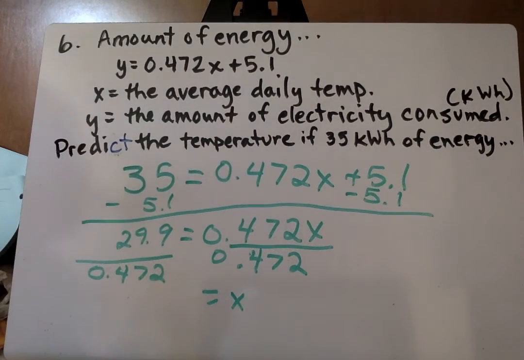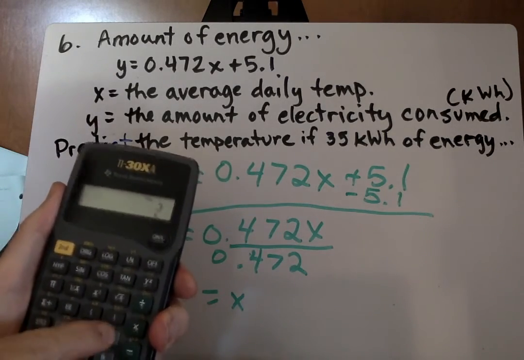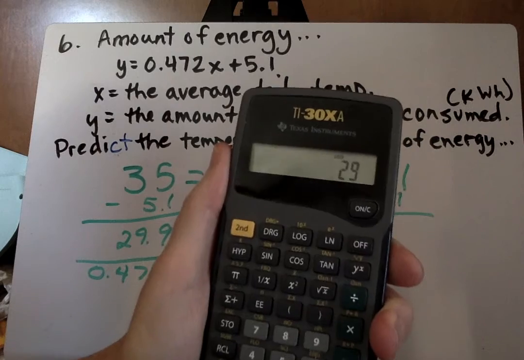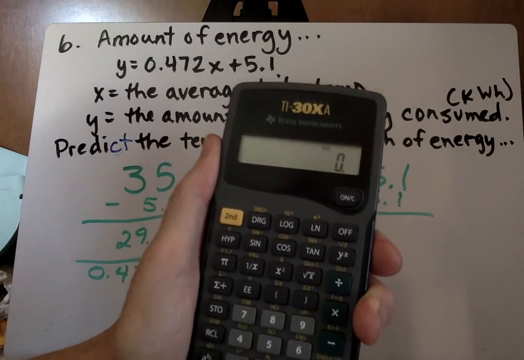And what should we round to? The nearest tenth. So if we take our handy dandy calculator and we say 29.9 divided by 0.472.